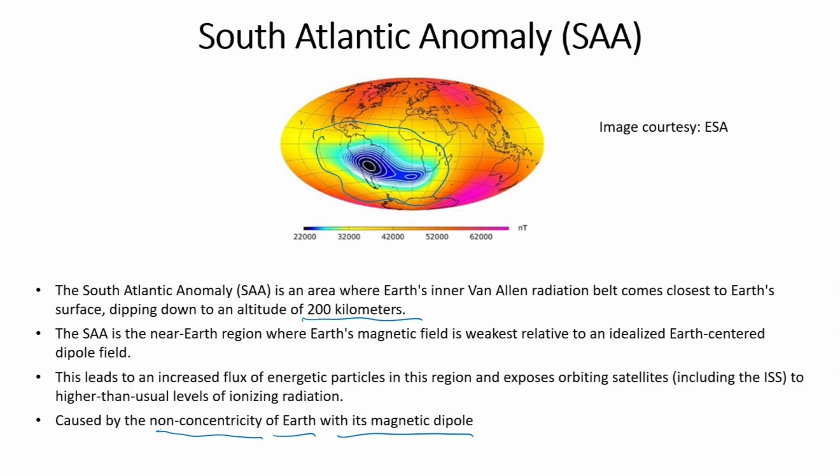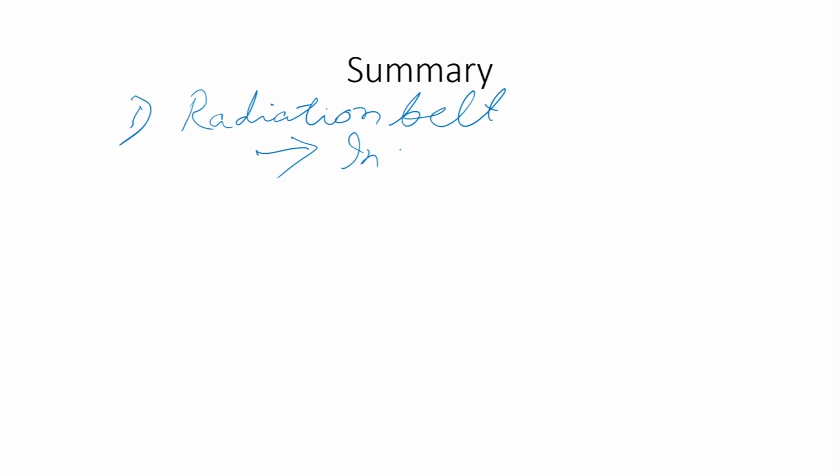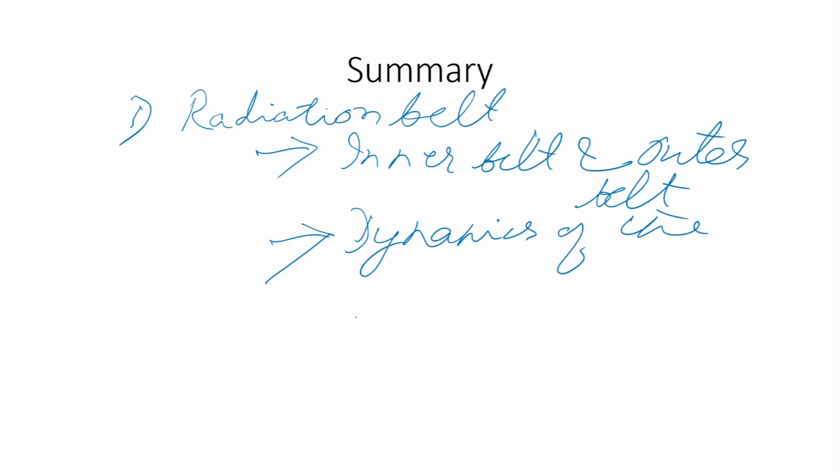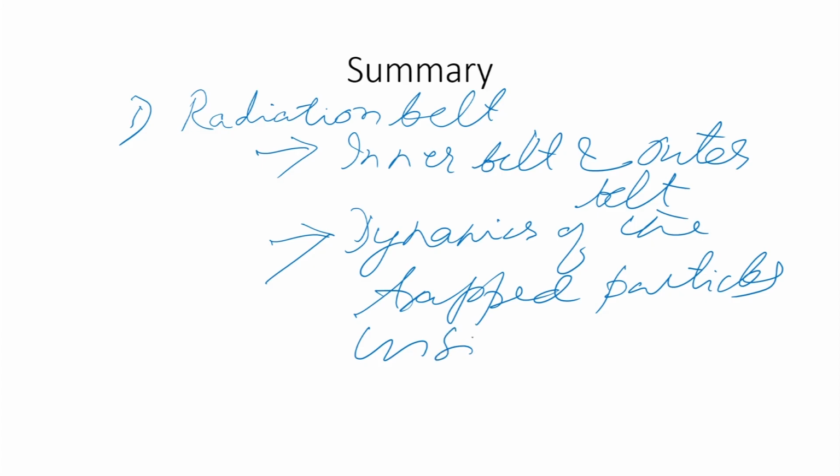With this, let me conclude the session. In this session we have explained what the radiation belt is, with two belts mainly, the inner belt and the outer belt, and we have seen the dynamics of the trapped particles inside the two belts.